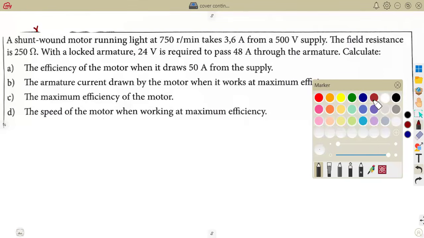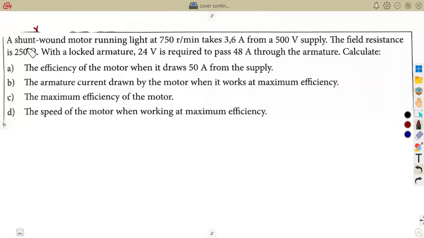On this question, we have a shunt wound motor running light. It is running light at 750 revs per minute, takes this and that.